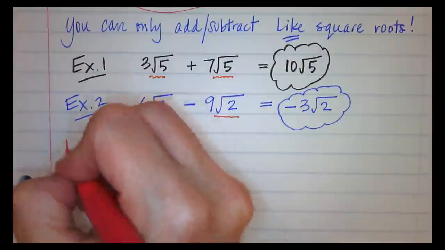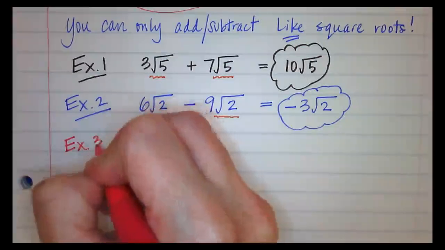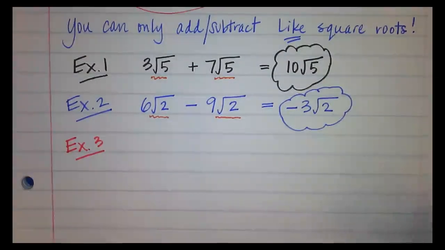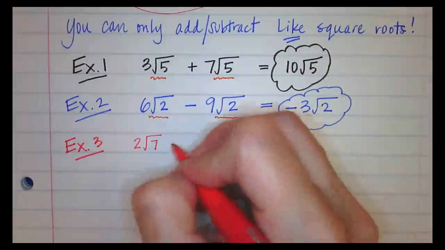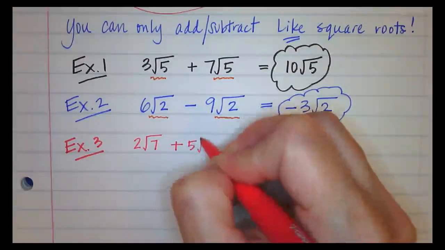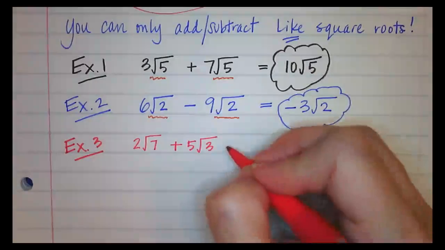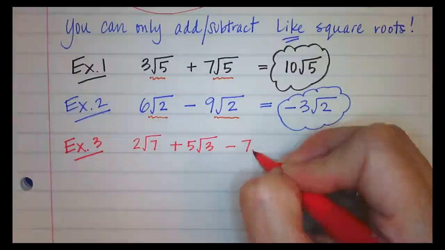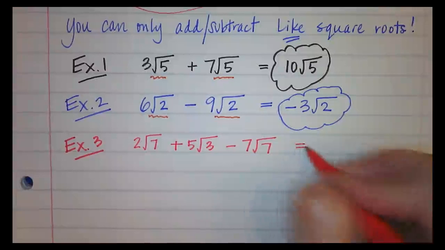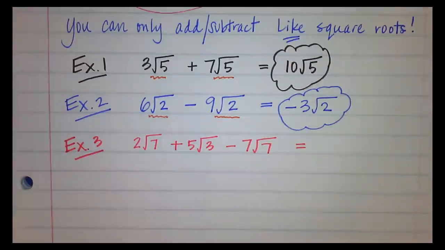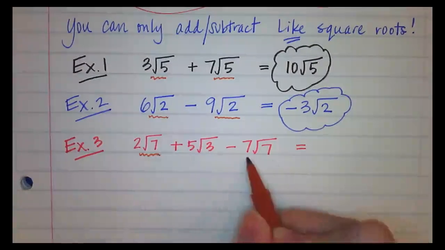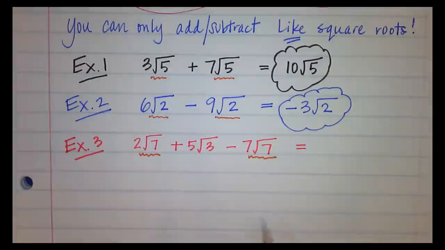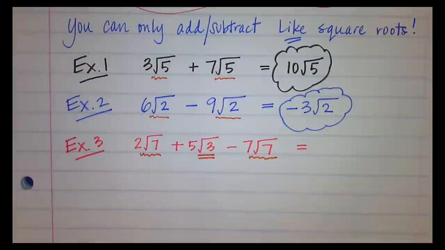You might be thinking, well, what if they're not the same? Here is example 3. Let's see, how about 2 square root of 7 plus 5 square root of 3 minus 7 square root of 7. When we look at this one, we notice that we have common square roots here and here, but not there.